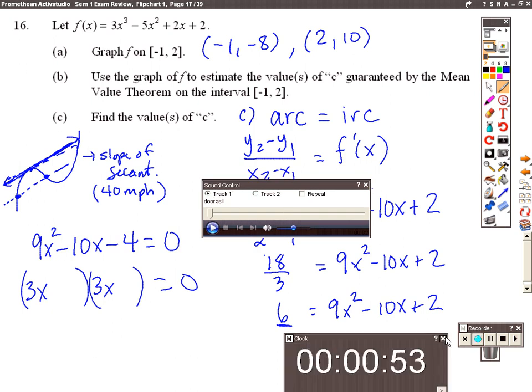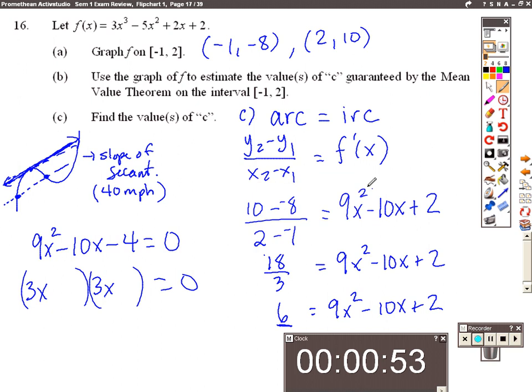And unless I've made an error in my work, this doesn't factor, so you would have to use the quadratic formula or use a calculator to find these values. But whatever they turn out to be, I'm not going to take the time now to find that. Those would be the times at which the average rate of change is equal to the instant rate of change.